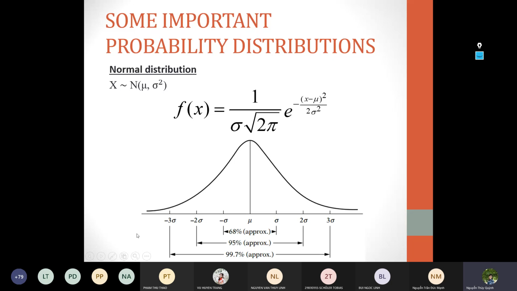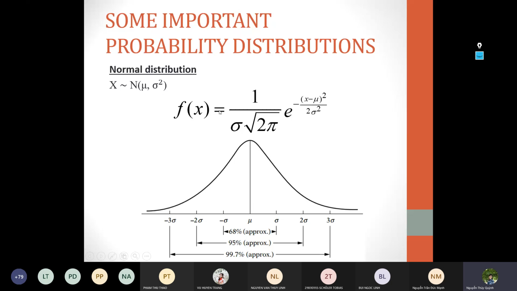So those are the constant probabilities of the normal distribution. The normal distribution has a bell-shaped curve, or you can say an inverted U shape. It is the most common distribution in statistics and probability.